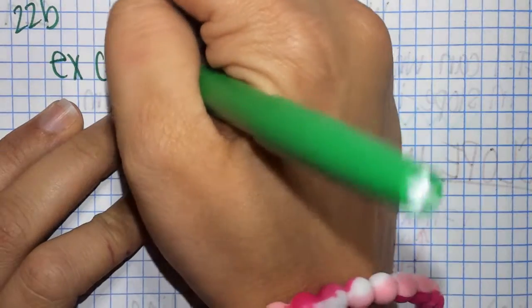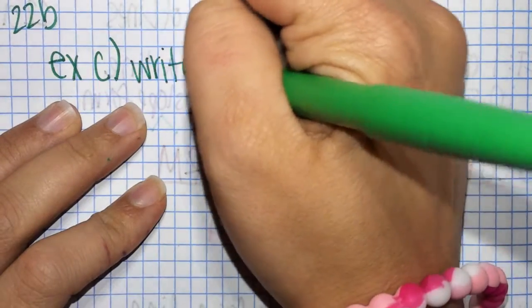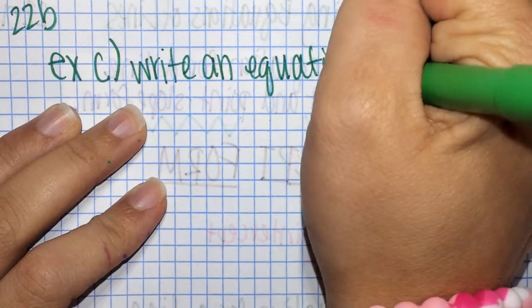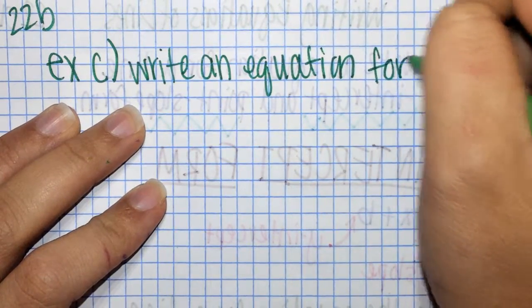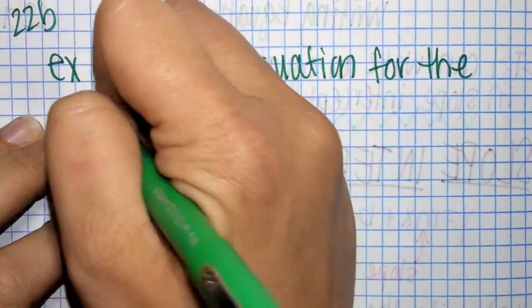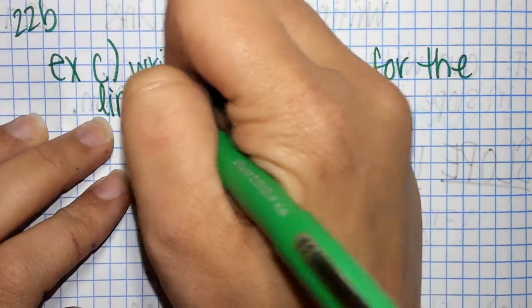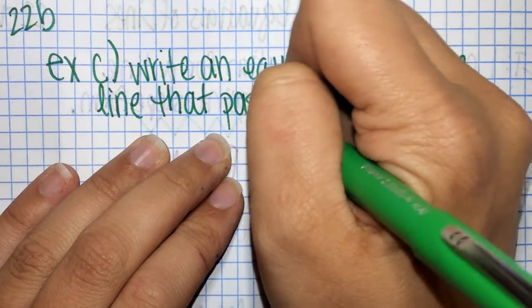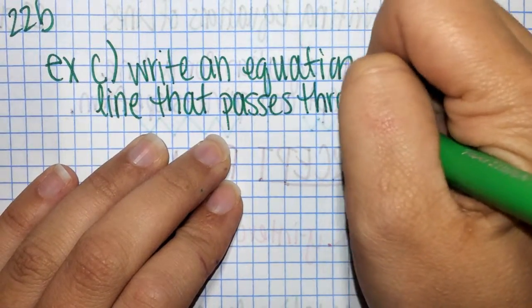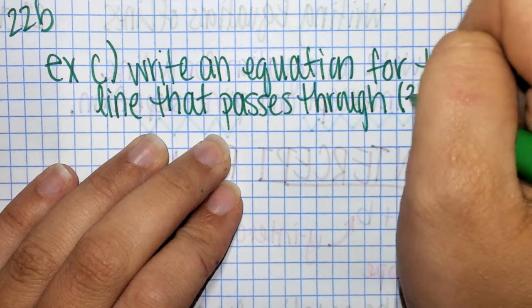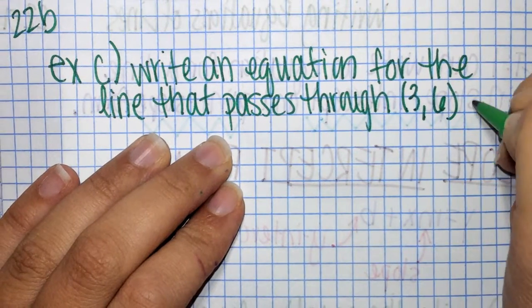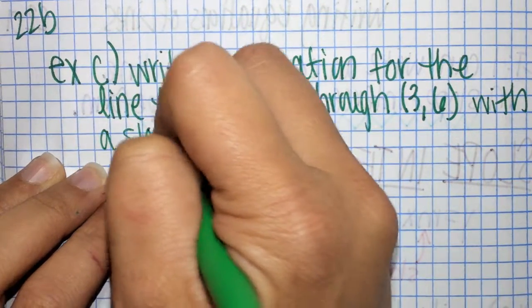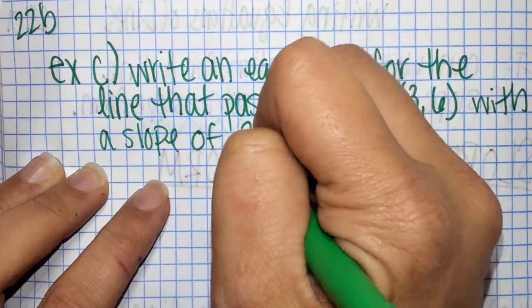So this says write an equation for the line that passes through (3, 6) with a slope of 2.